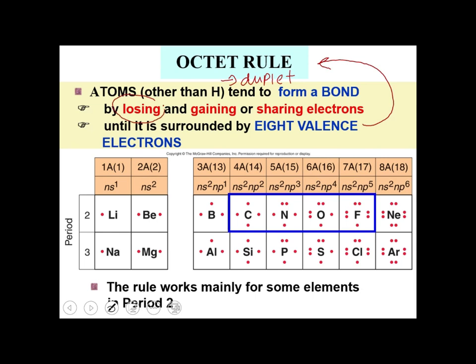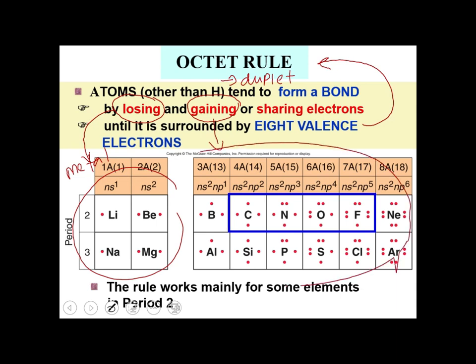Losing usually involves metal atoms. Metal atoms usually come from group 1 or group 2. Gaining electrons usually involves non-metals.